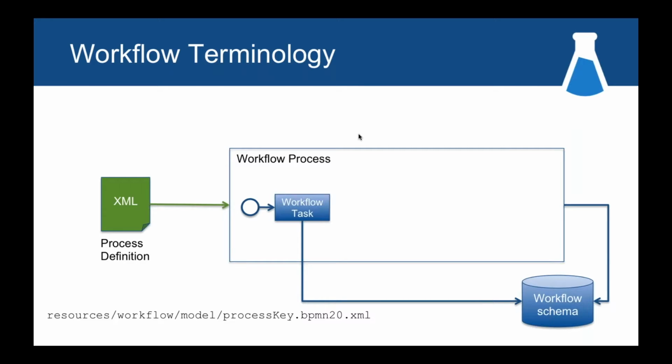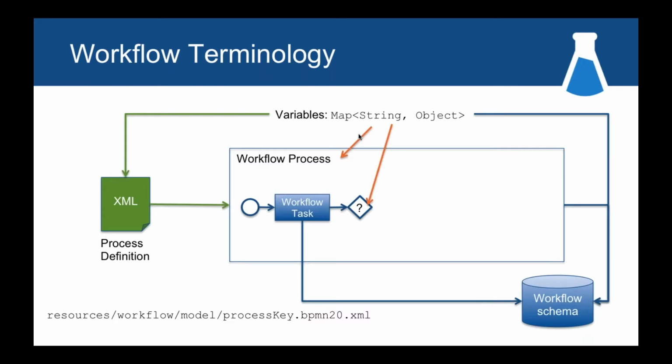And then the workflow schema will be updated with the representation of the workflow process and the workflow task. You will almost certainly have some variables that are associated with your process, because otherwise it doesn't have a lot to act on. These are usually referenced in the XML itself.